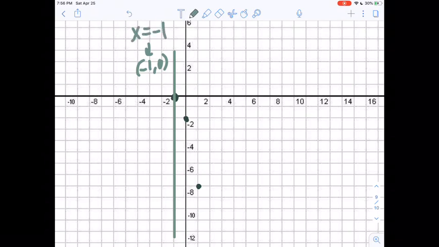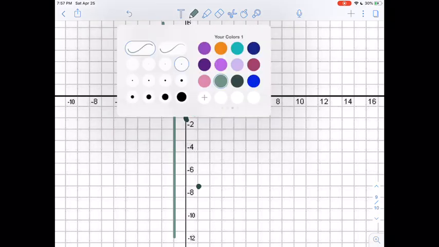So what you're going to do is plot points horizontal from your other points, but it's got to be symmetrical. So see how this point right here is 1 spot away from your axis of symmetry? Well, on the other side, it needs to be 1 away from your axis of symmetry.